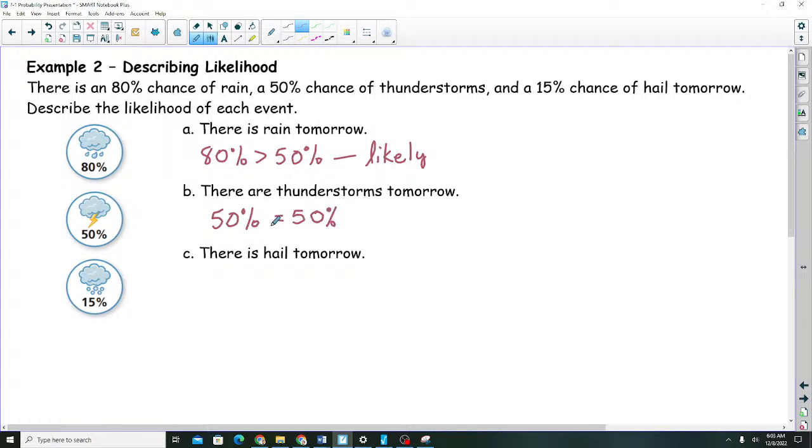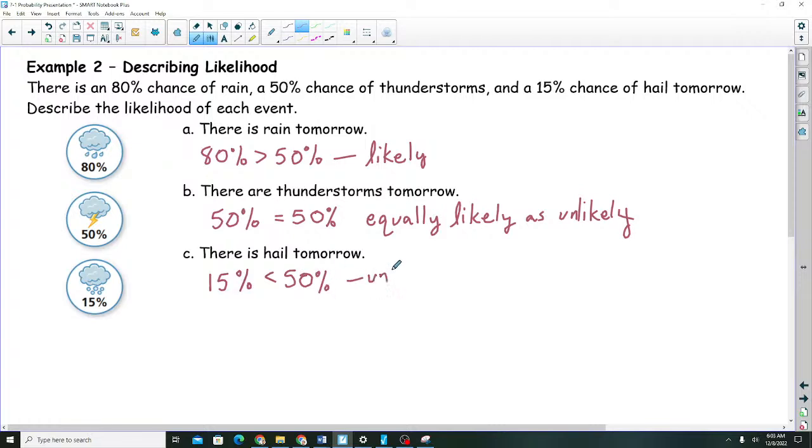And so since it is 50%, it's equally likely as unlikely. And the chance that there's hail tomorrow is 15%. Well, 15% is less than 50%. And so that means that it's unlikely.